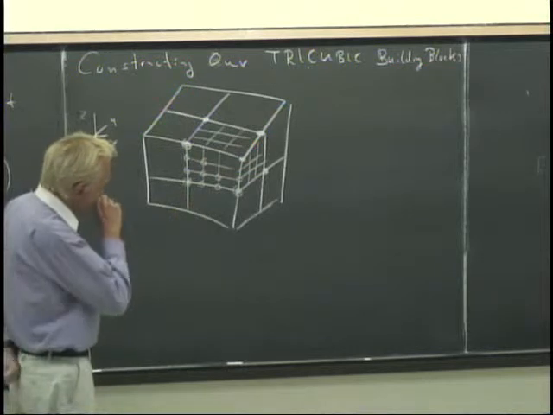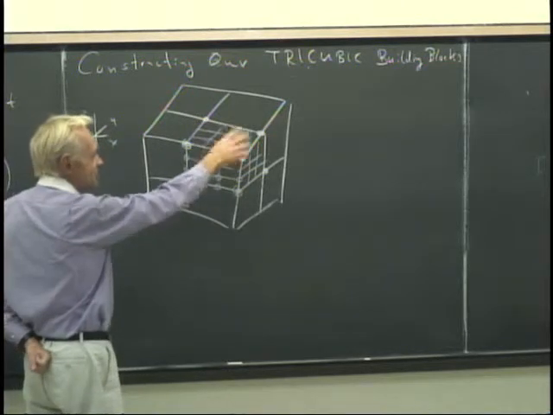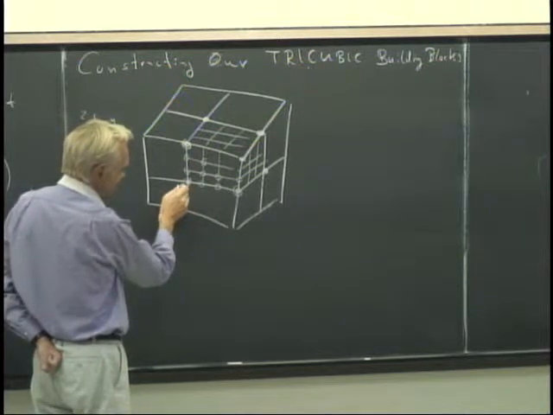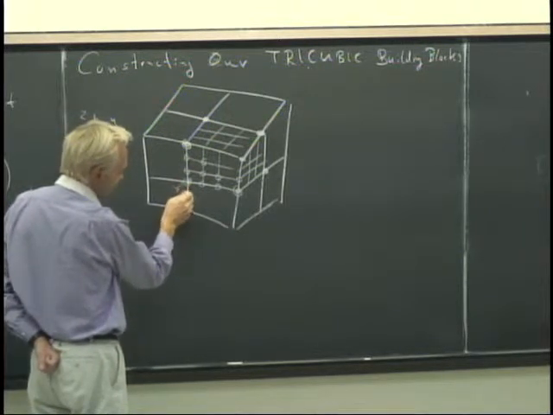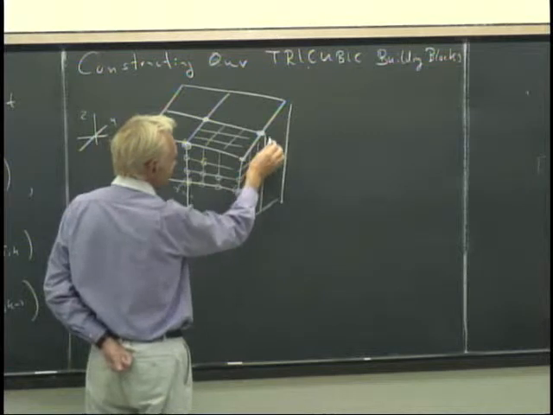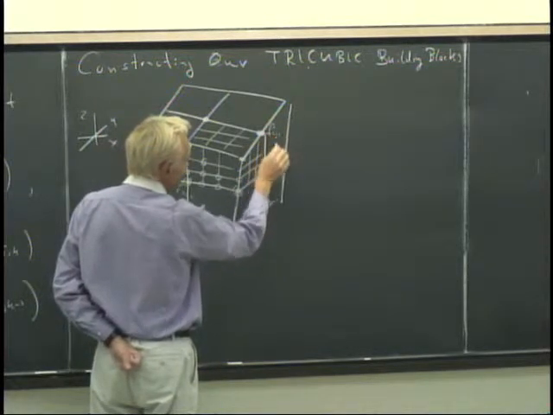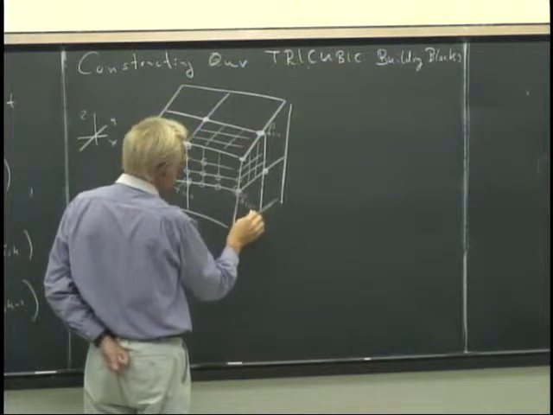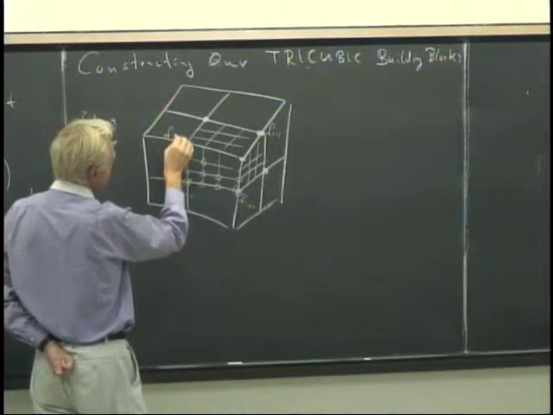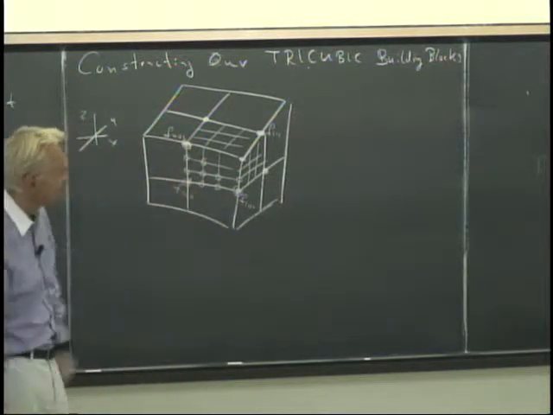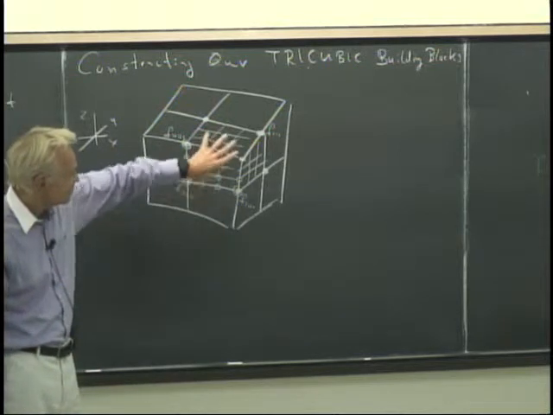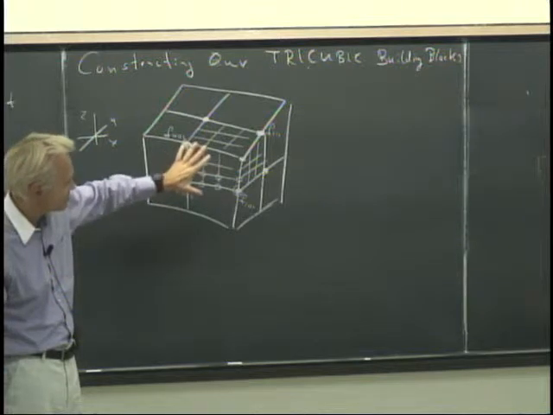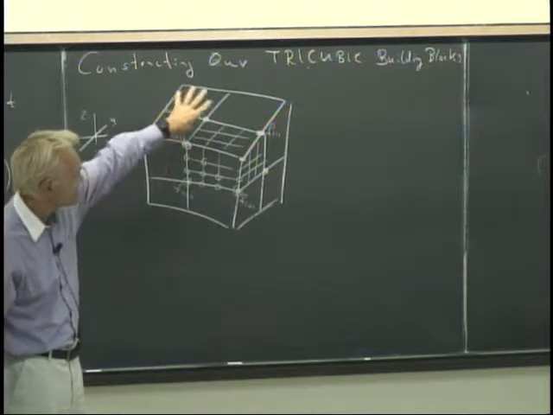This also means that we can number these things locally with respect to the local configuration as if it was a function value f000, and this was a function value f111. This is a function value f100. This is a function value f001, and so forth. I can use a local index where I just call the lower left front corner 000. That's fine, because everyone can be indexed like that.